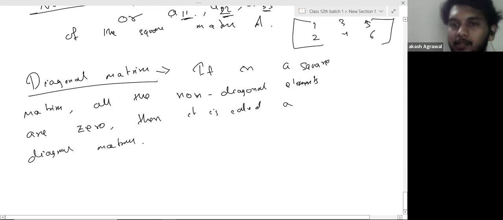Two things to notice: a diagonal matrix is a square matrix, a specific condition of a square matrix.